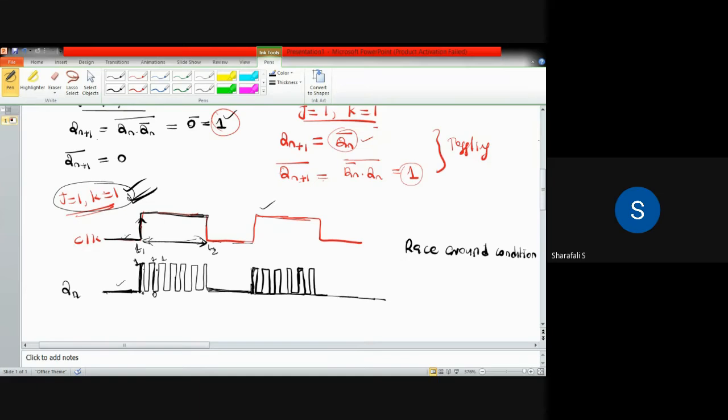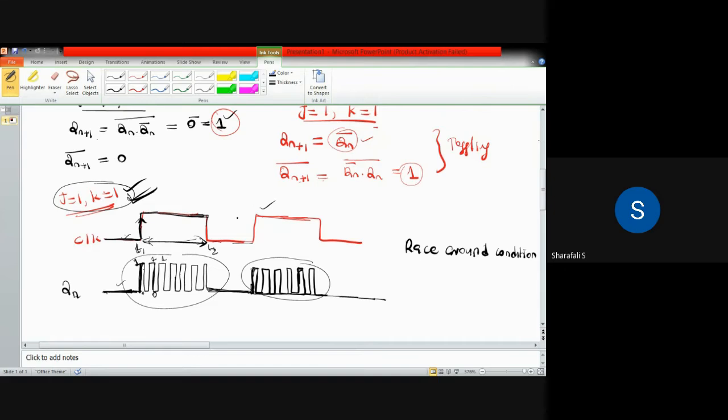This process is called the race around condition. For j equal to 1, k equal to 1 in a JK flip-flop, if the clock is too long, then the state of the flip-flop keeps on toggling, which leads to uncertainty in determining the output state. In this kind of state we cannot say what the current state is, because it is always toggling between 0 and 1.